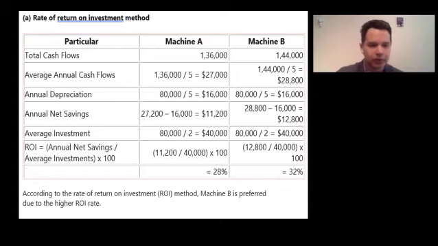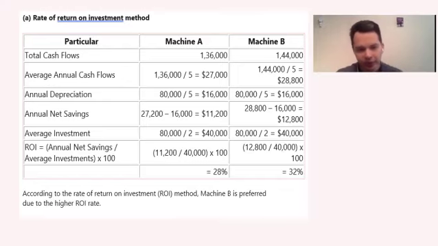All right. So the solution, the rate of return on investment method. The particulars for machine A are the total cash flows, $136,000. The average annual cash flow is $136,000 divided by 5, and it's going to give you $27,200.